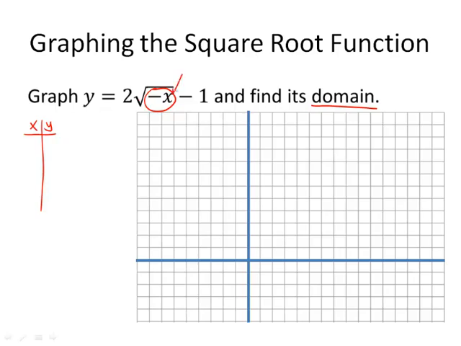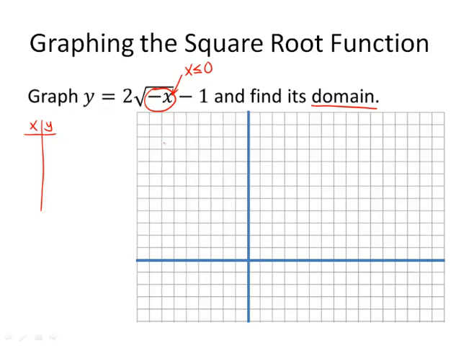So what kind of x values do you need to choose so that it'll cancel the negative? Well, you probably would want negative values in this case because negatives and negatives will make positives. So you probably want to choose x values that are less than or equal to 0. So anything less than or equal to 0 will cause you to get positives in the root.